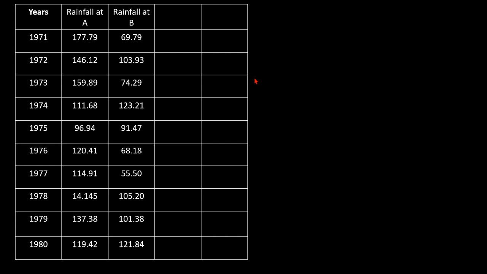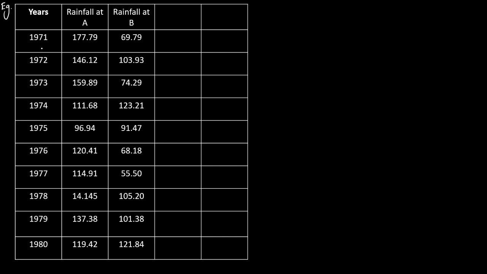So let's see this example. This example lists the rainfall data at place A and place B over 10 years.